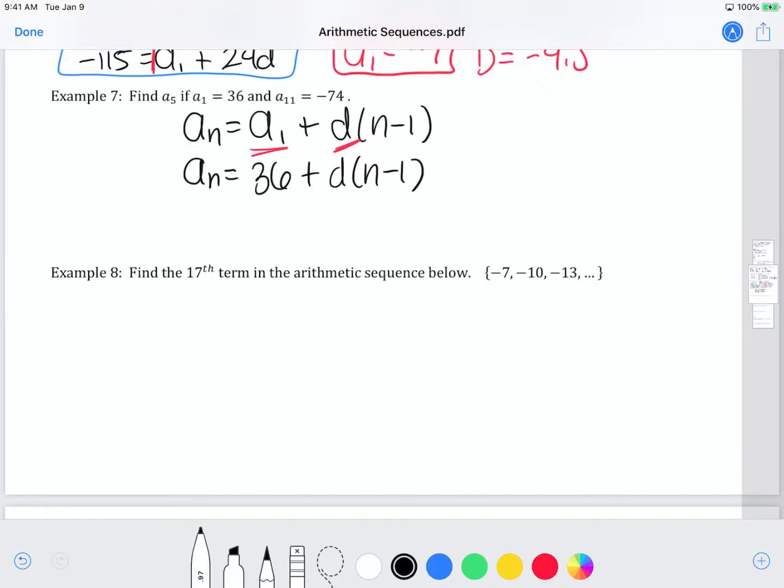And then once I know what D is, then I can plug in 5 for n into the nth term.